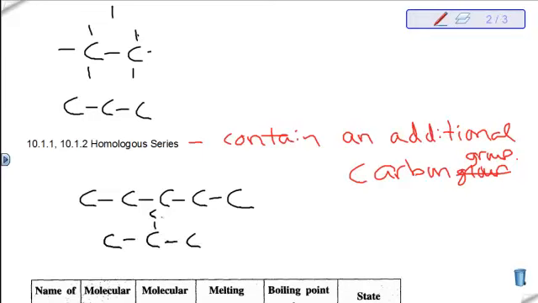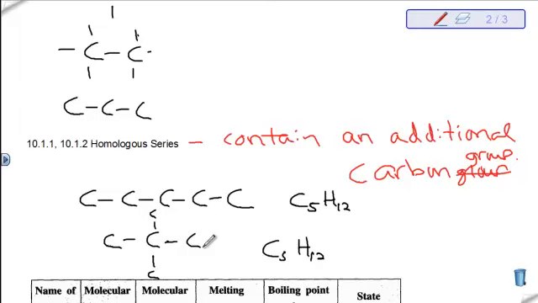Here's another compound with exactly the same formula, these two are exactly the same. There are 5 carbons, so we say C5, and so the number of hydrogens is going to be 12. This one below is also C5H12. So if I ask you which one of those two has the stronger van der Waals forces, they both have exactly the same number of electrons.